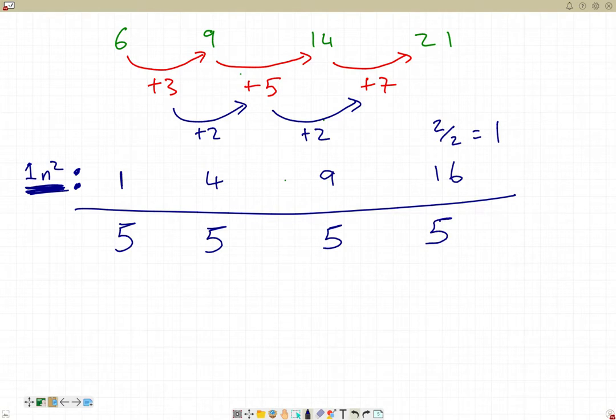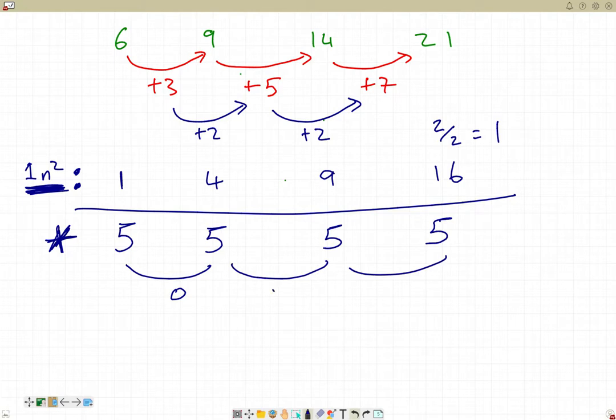Then I find the nth term of this new sequence I've just generated. The difference is plus 0, plus 0, plus 0. So 0n, and then the zero term is 5, so plus 5.